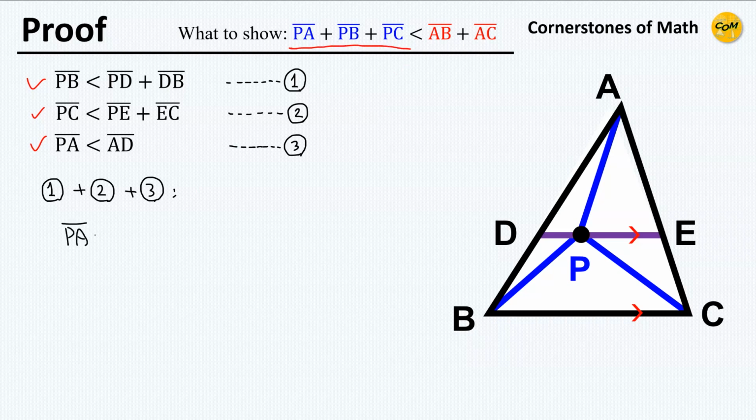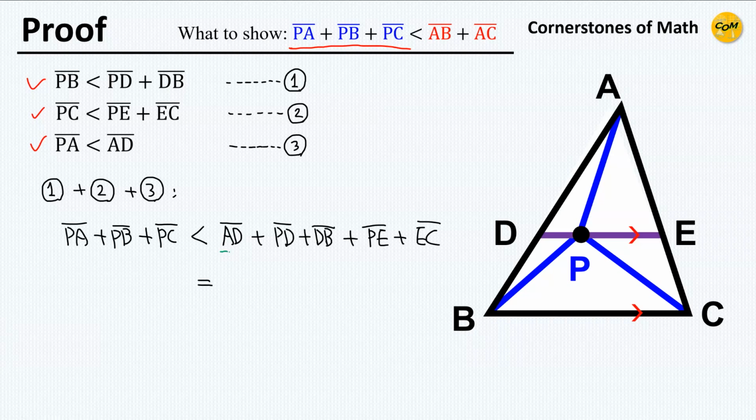So we have PA plus PB plus PC is less than AD, then plus PD plus DB, then plus PE plus EC. Here, notice that AD plus DB, which is this plus this, is equal to AB, and PD plus PE, which is this plus this, is equal to DE.